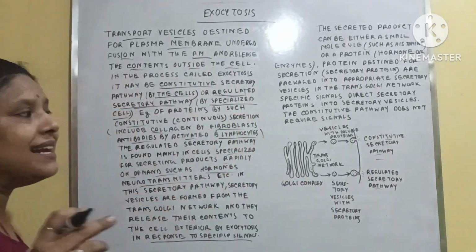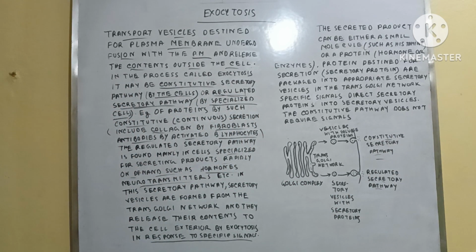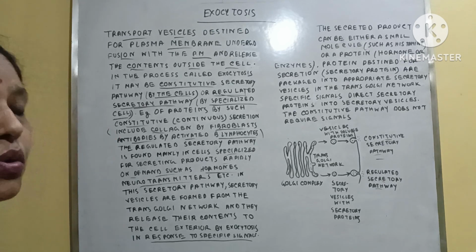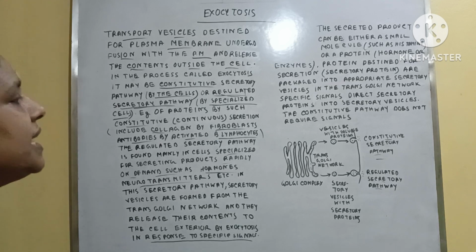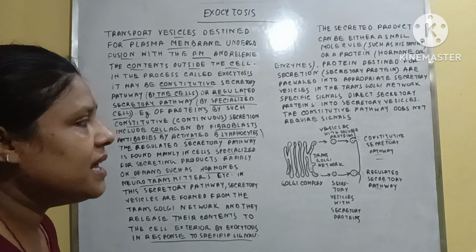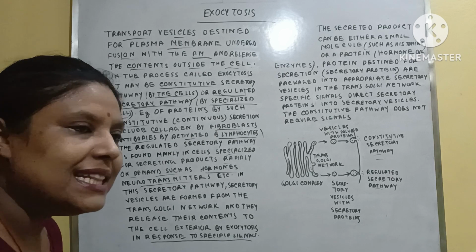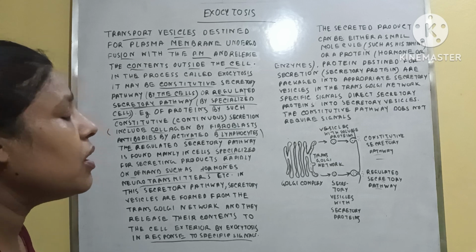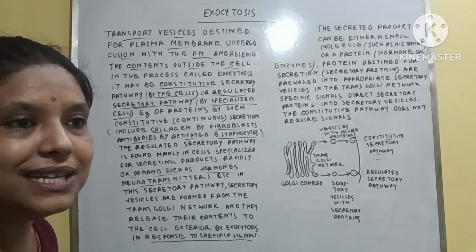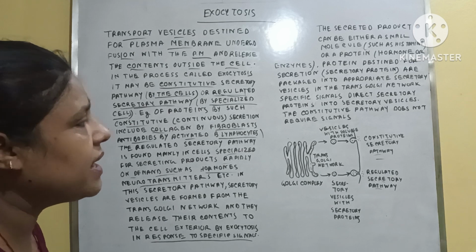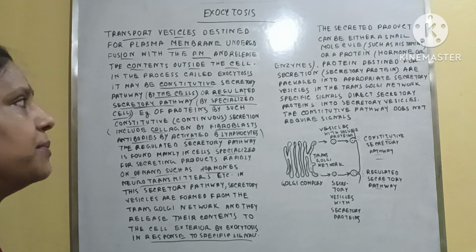So what is the main difference between the constitutive pathway and the regulated secretory pathway? The main difference is that in one case the signal is very important: until the signal arrives, the secretory substances are not released. But in the constitutive secretory pathway, no signal is necessary.